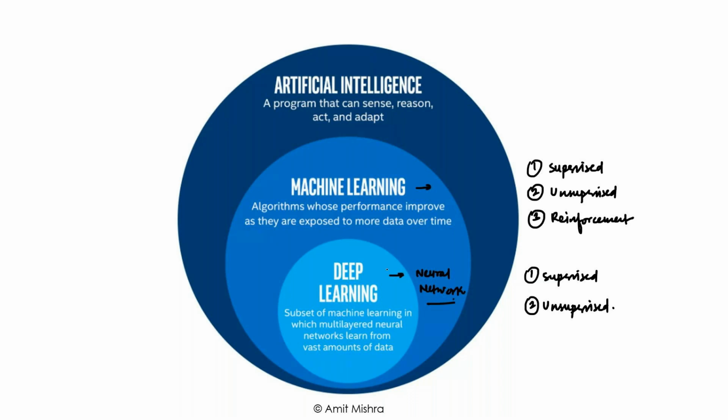Now let's talk about what exactly deep learning is and how it is different from machine learning. What type of problem statements should we apply deep learning on, and what type of problem should we apply machine learning on?